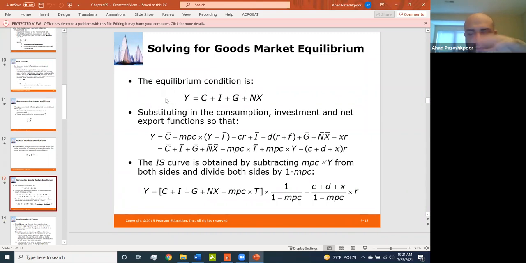The left side is your output, the right side is your planned expenditure. Now there is some math here. You just need to substitute these equations that we covered, because we want to get rid of the constants and focus on the real interest rate.